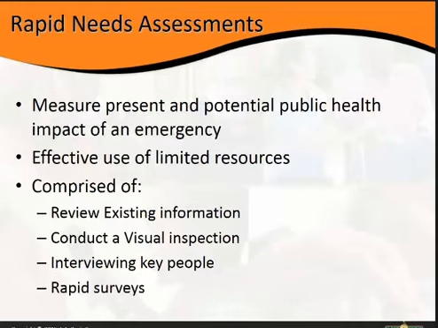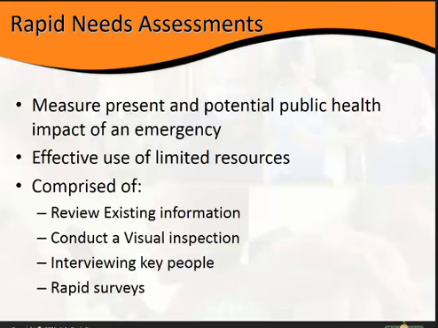Rapid needs assessments were first used in the 1960s to assess immunization coverage and morbidity from diarrheal and respiratory diseases, and to look at service coverage. It's an effective use of limited resources and generally involves straightforward data collection, usually during some sort of crisis.